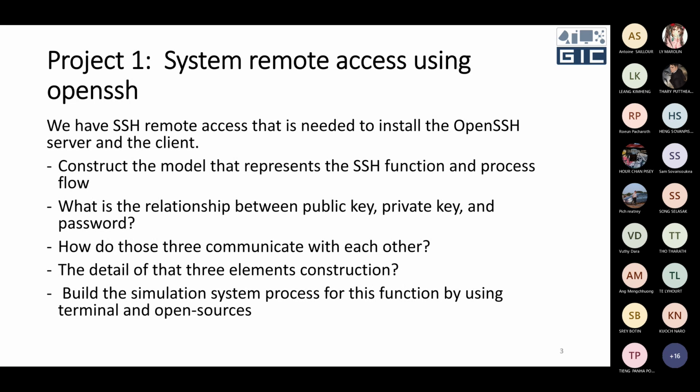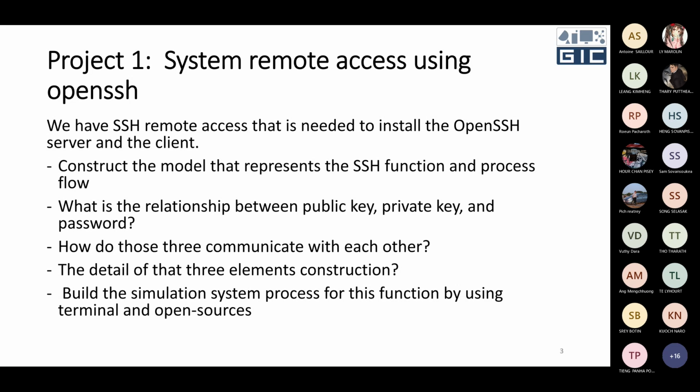You have to install the OpenSSH server and client. The description of the problem is that you construct a model that can represent the SSH function and the process flow. Can this model be constructed using mathematics, or can the SSH function be constructed using a diagram, a graph, a physical model, or what?